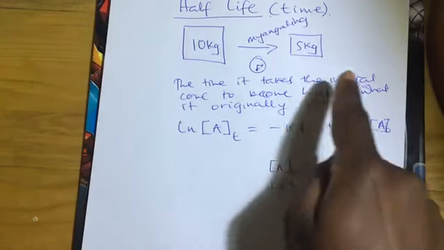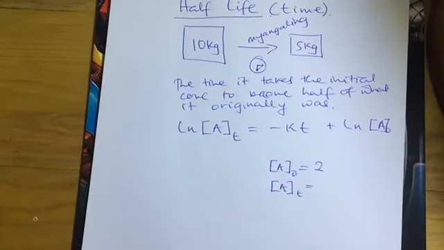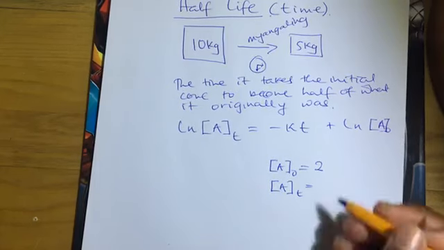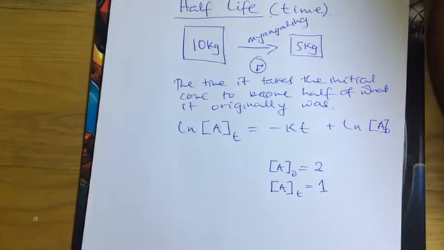According to this definition, if my initial is 2, my final should be 1. Your final should always be half of what you started with. So if I start with 4, my final should be 2. If I start with 3, my final should be 1.5. If I start with 7, my final should be 3.5. So if I start with 2, my final is going to be 1.